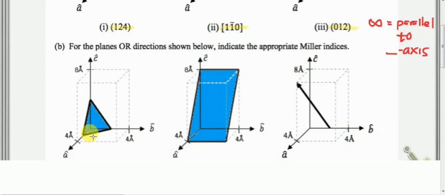So the intercepts are 0.5, 0.5, 1. Take the reciprocal: 1 by 0.5, 1 by 0.5, 1 by 1. So it will be 2, 2, 1. 2 2 1 is this plane. The same way you find the other planes and other directions. Okay?